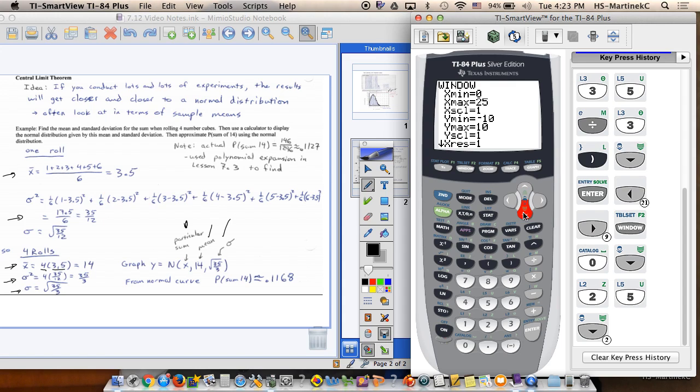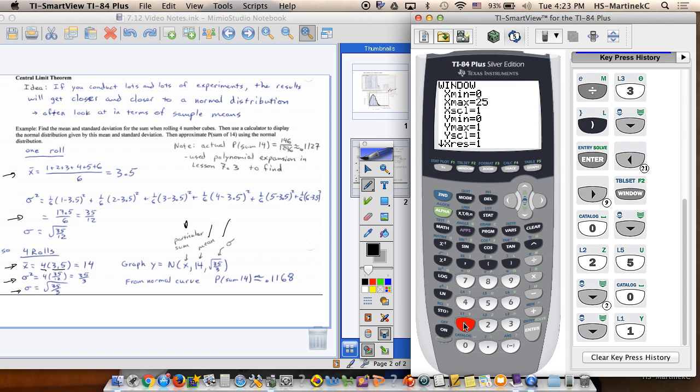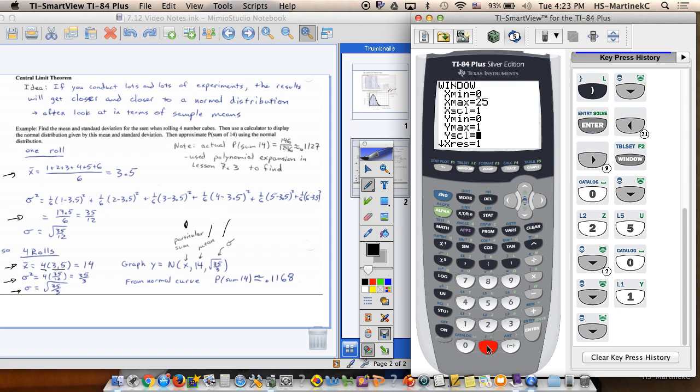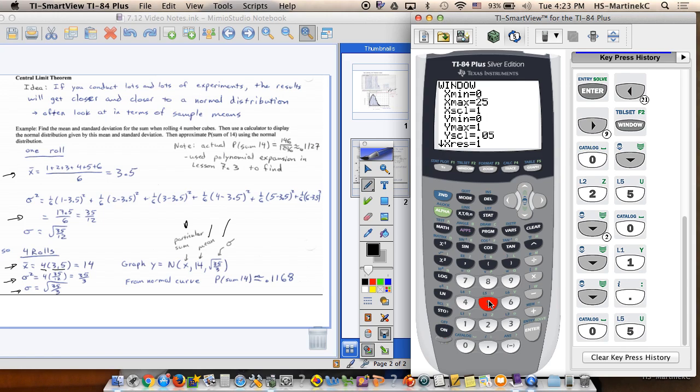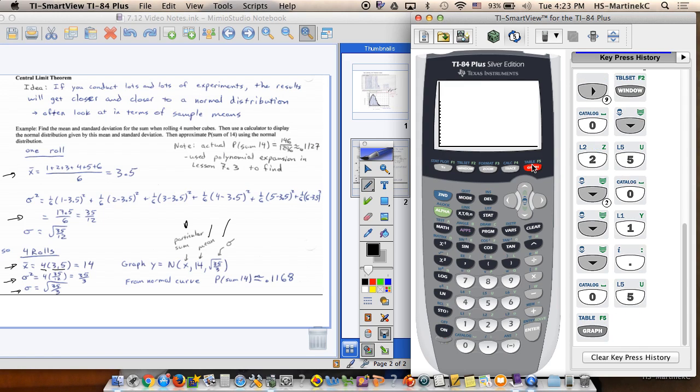Now, this whole curve finds probability. Our smallest probability is 0, which means an event will not happen. Our biggest probability could ever be is 1, that's 100%, it will happen. Our Y scale, I'm going to make 0.05 so it matches the graphs you've seen. If we go to our graph, it'll take a little bit to graph.